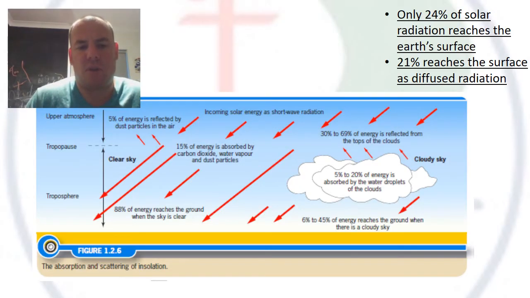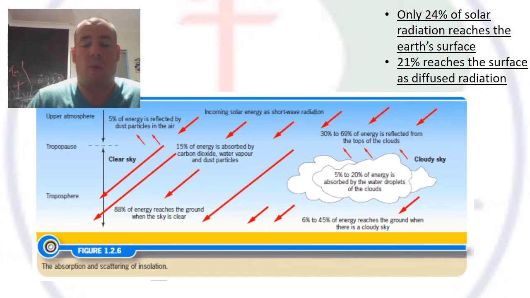This diagram shows how on the surface we get our solar energy. Only 24% of solar radiation reaches the Earth's surface, so all the radiation that comes from the sun we only get 24. 21% of that 24% reaches the surface as diffuse radiation.